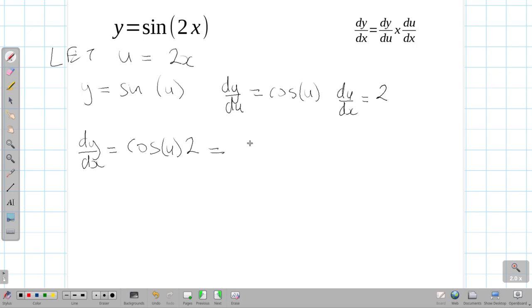Now if I bring the 2 to the front, because that's a standard convention, put the numbers at the beginning of the trig functions, like thus. Okay, substitute back in for u. u is 2x. And there we have it. It worked as expected, as hoped.